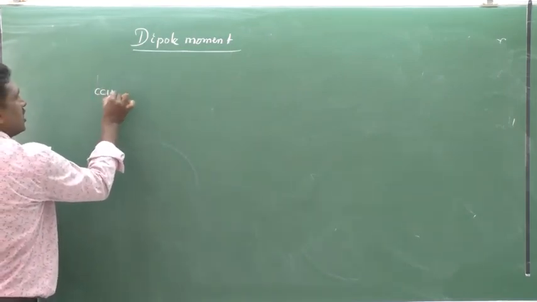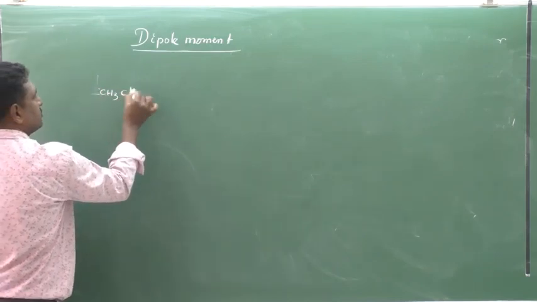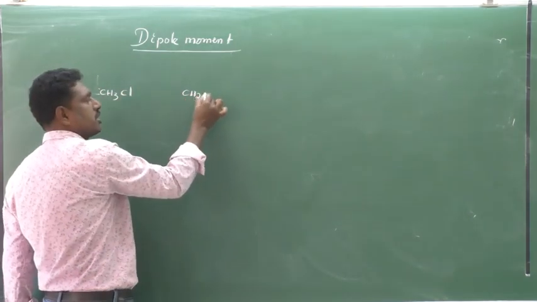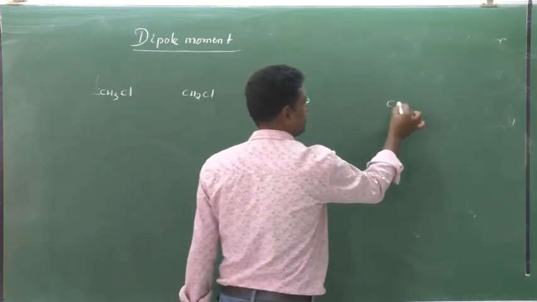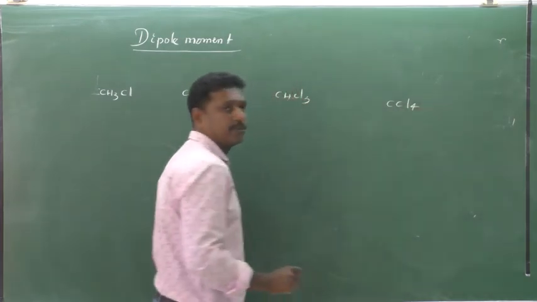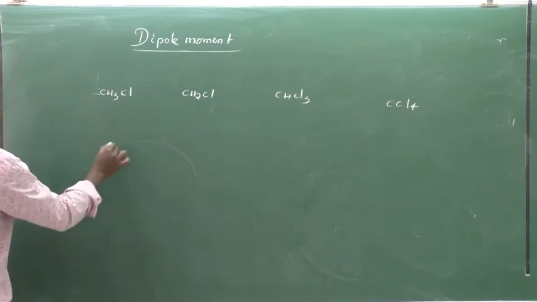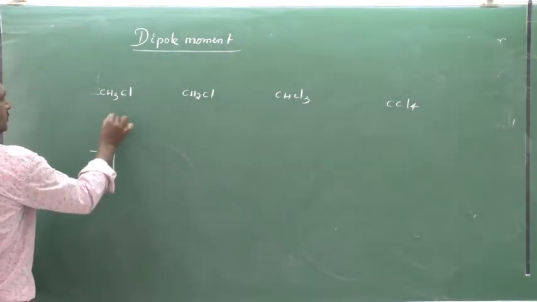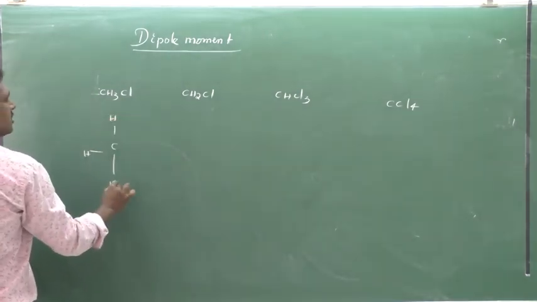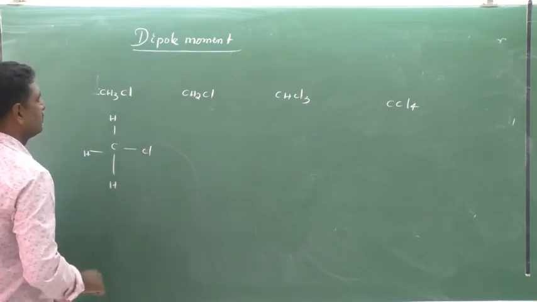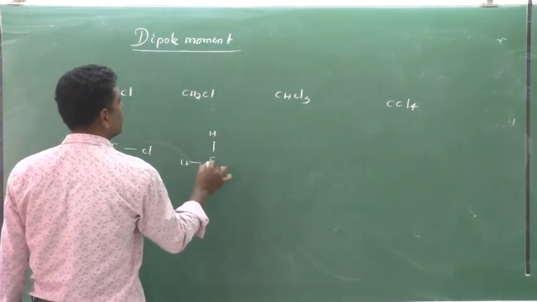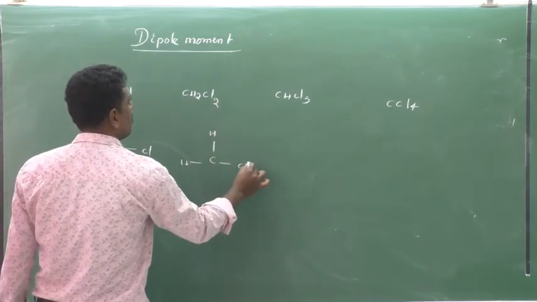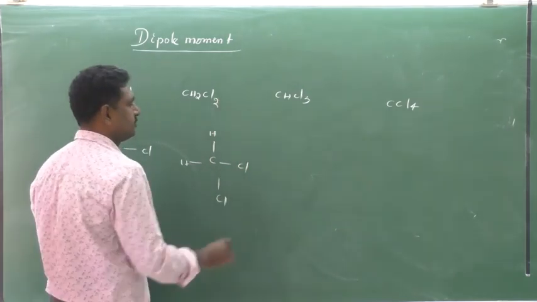CH3Cl, CH2Cl2, CHCl3, CCl4. Here is chlorine, here hydrogen, hydrogen, chlorine and chlorine.